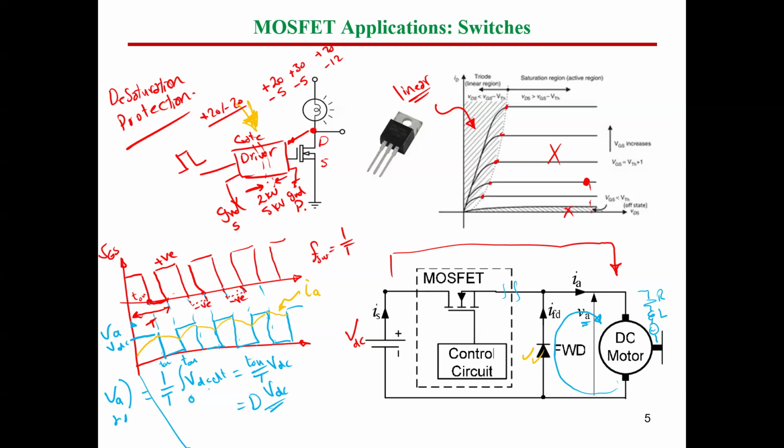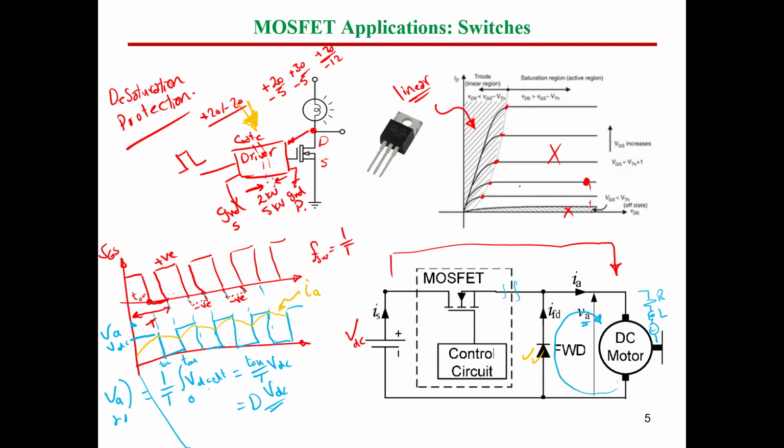This is very important, guys. And the higher the value of VG, as you can see here from the characteristic, the higher the current you can have in your MOSFET.